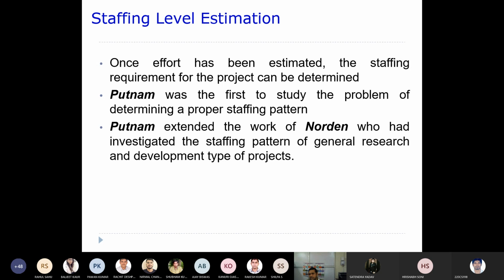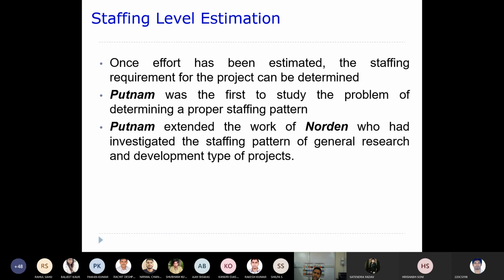Because at different points of time, how many people do you really require? For this sort of estimation, Putnam was the first to study this staffing problem, in what pattern you want to recruit the people.